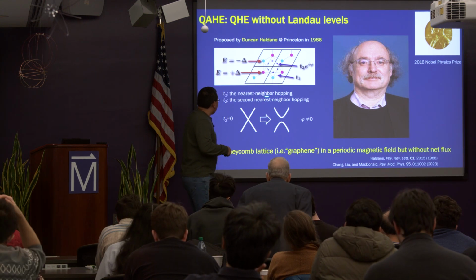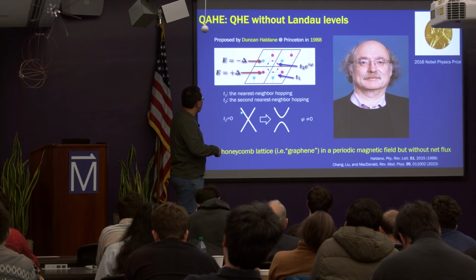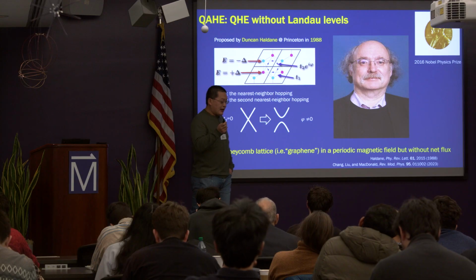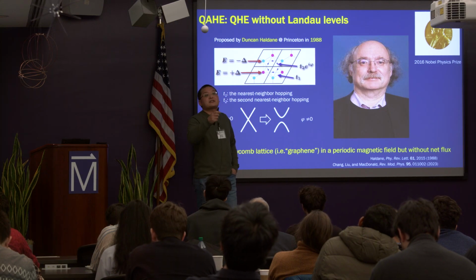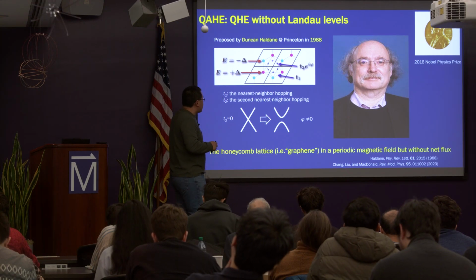If the second nearest neighbor hopping t2 equals 0, we know that at the Brillouin zone corners there is a gapless state. So this is just the band structure of the monolayer graphene system.